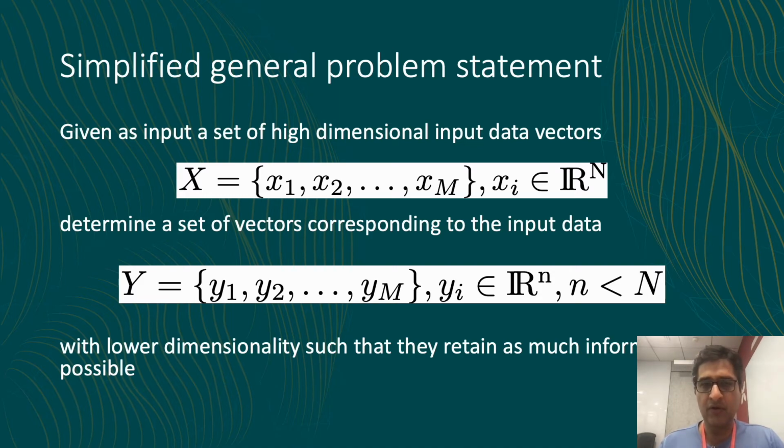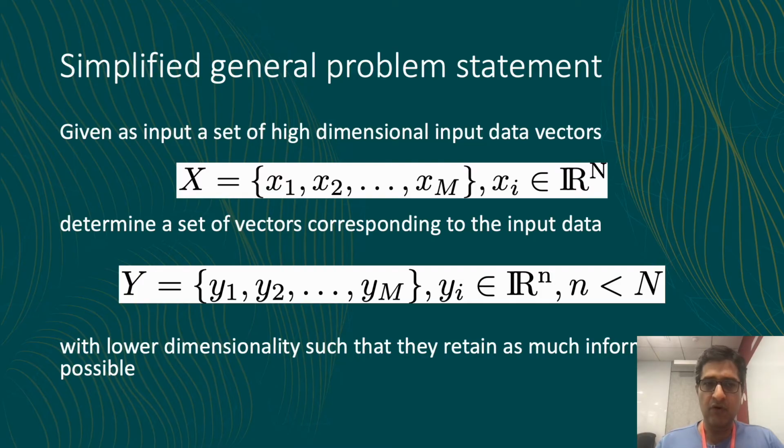And you're trying to create a mapping for each of these high dimensional X data points. You're trying to create a Y. Y is in the small n dimensional space, where small n is much smaller than your capital N. Okay.